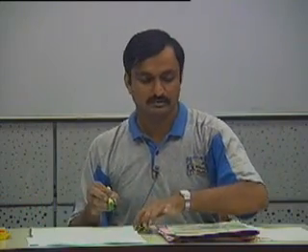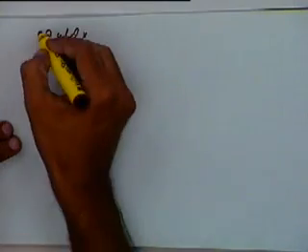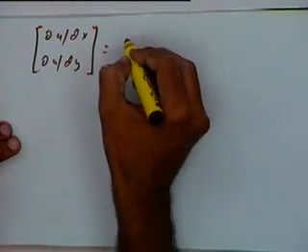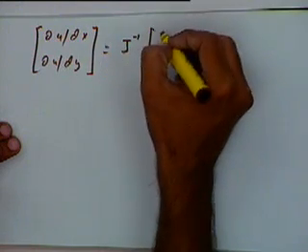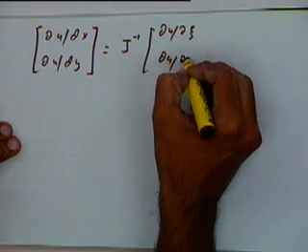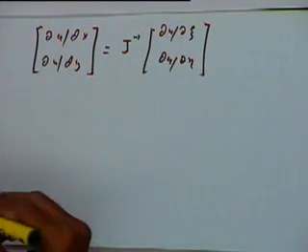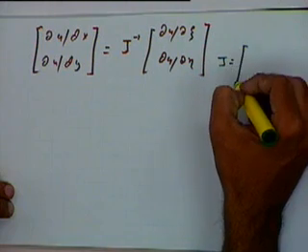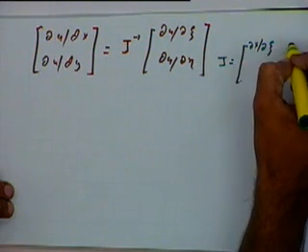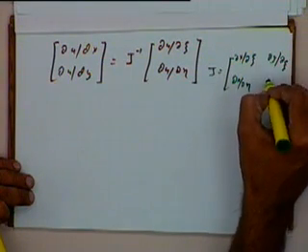Now again to get the strains, that is epsilons, we need expressions for del u by del x and del u by del y. And this we derived last time, that this is equal to Jacobian inverse multiplied by del u by del zeta and del u by del eta, where the Jacobian is given by del x by del zeta, del y by del zeta, del x by del eta, and del y by del eta.